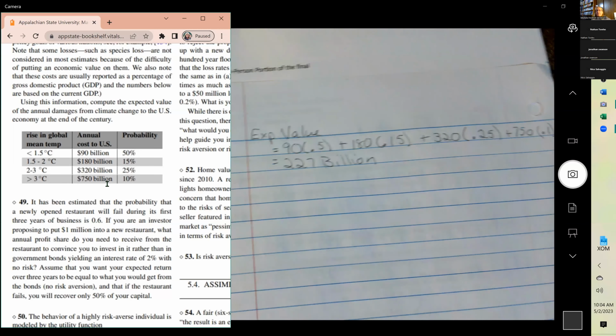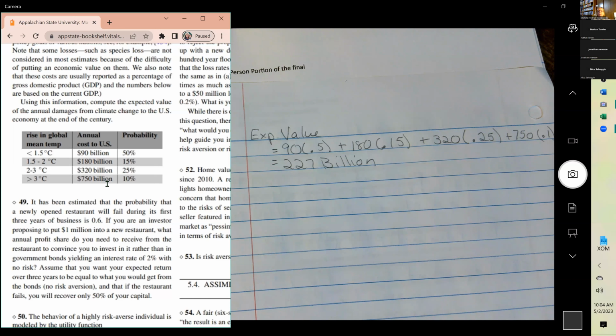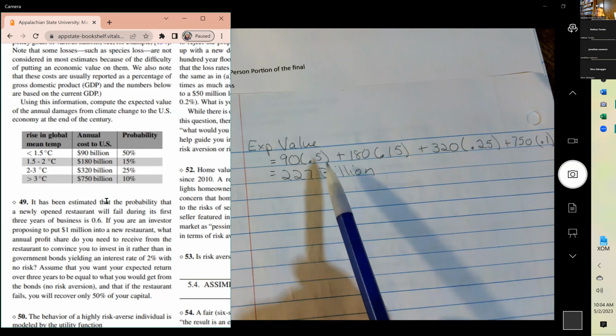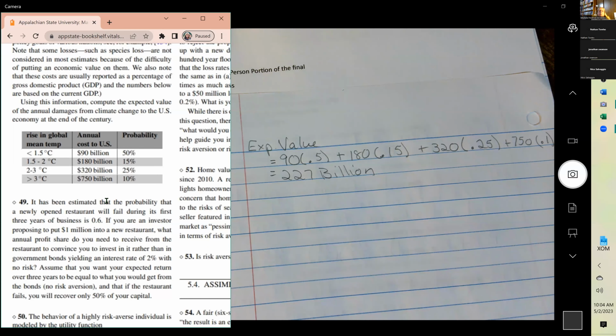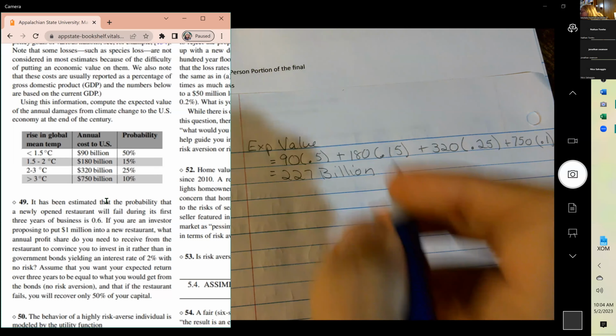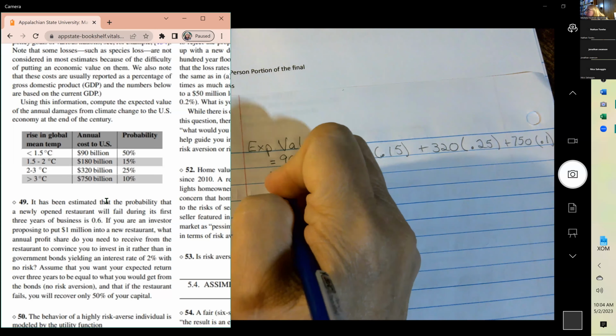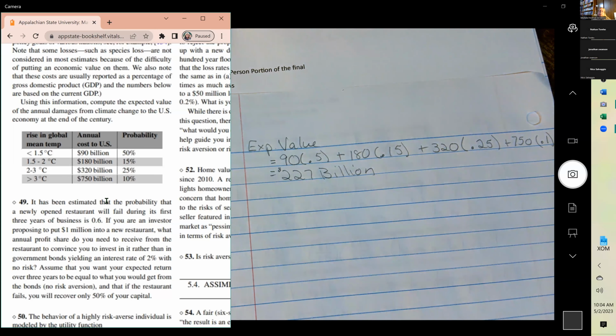So our expected value is 227 billion. After several years, because I mean, 1 year, you don't know which one it's going to land in, but after several years, if you average per year, it would be $227 billion. If you wanted to find out 10 years, then you'd multiply by 10.